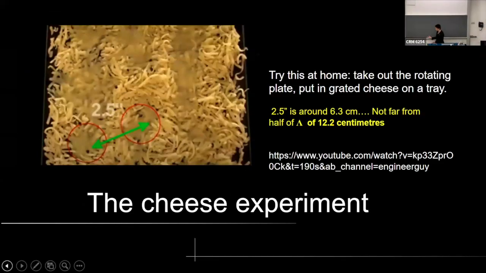In the cheese experiment, when you slide in the tray, things are going to melt where it hits a hot spot. If you look at the distance between the hot spots, it is about 6 centimeters, which is not far from lambda over 2, the wavelength of the microwave.